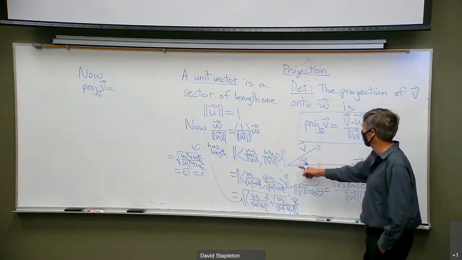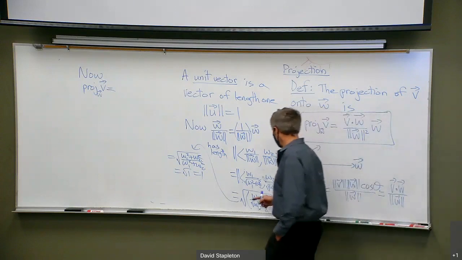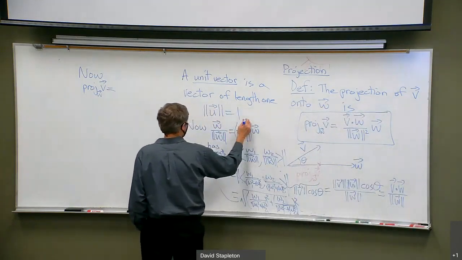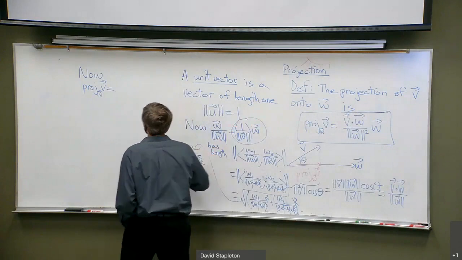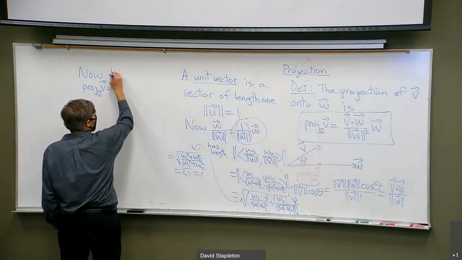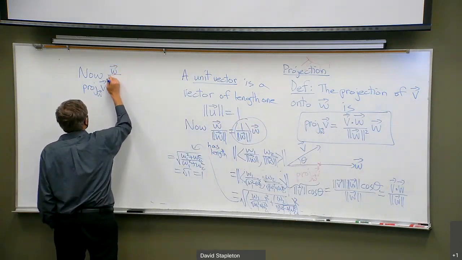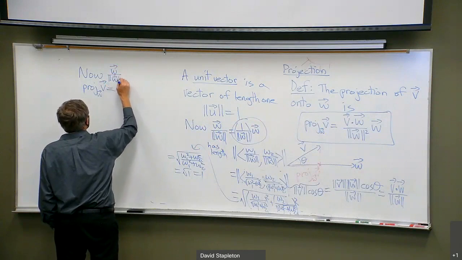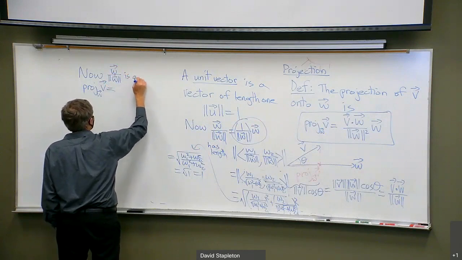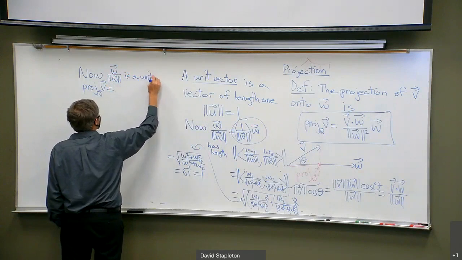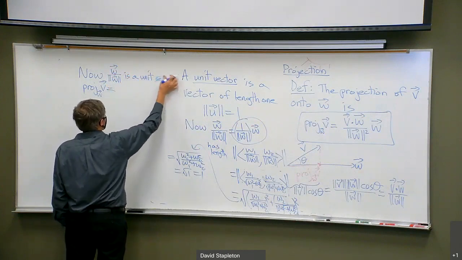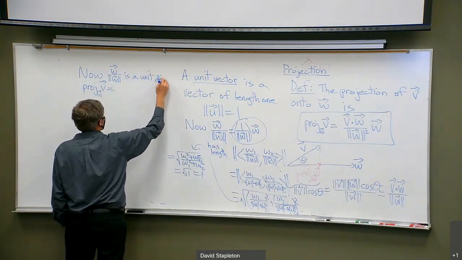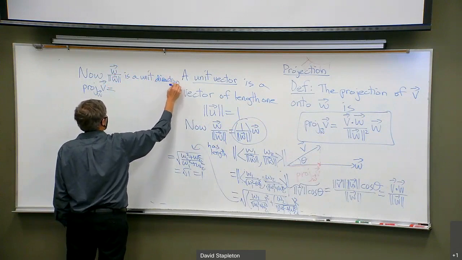So that's the length of the vector we want. And here's a unit vector in the direction: W over its length, the unit vector in the right direction, sometimes called a direction vector. It's the unit vector in the same direction as the vector.